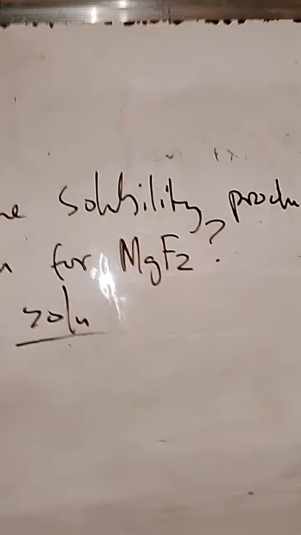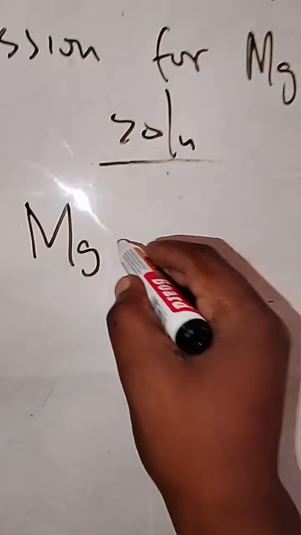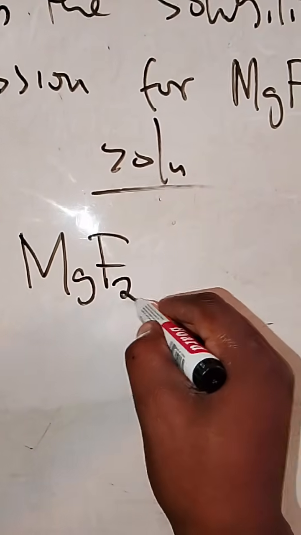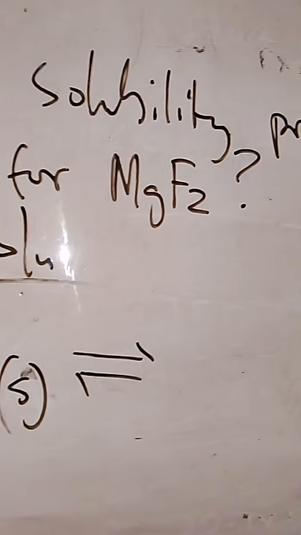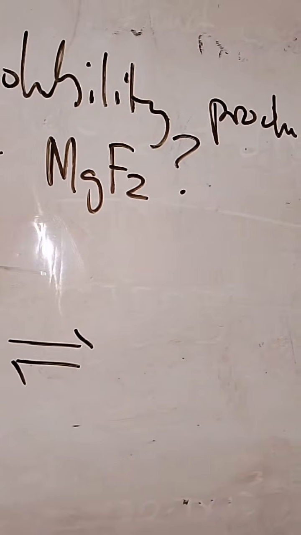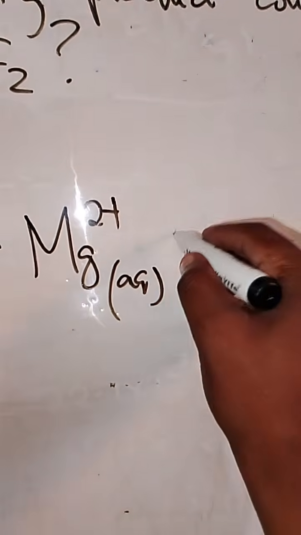First of all, we need to dissociate the salt in water. We have magnesium fluoride, which is a solid, and it will form magnesium ion aqueous plus fluoride ion aqueous.